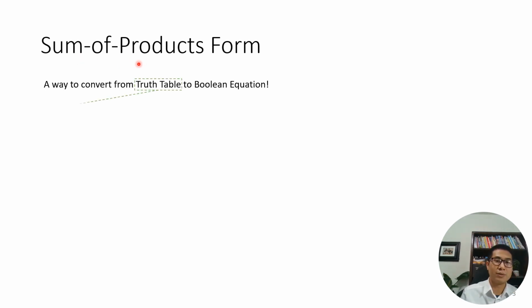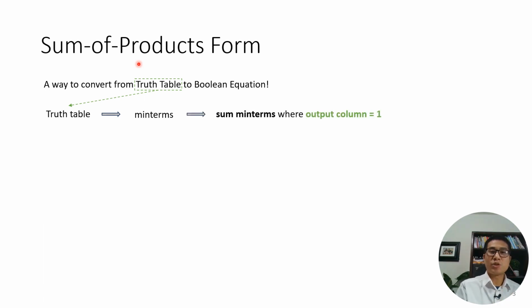So here are the details. We start with the truth table. If you have the truth table, then you find the min terms, like what I've done so far. Then you simply sum all the min terms where the output column equals 1. The min terms are actually the products of the inputs, the combination of the inputs, so summing them is a sum of products.